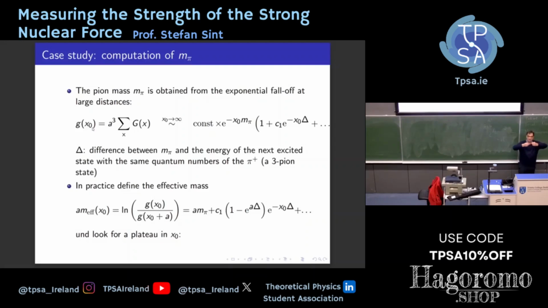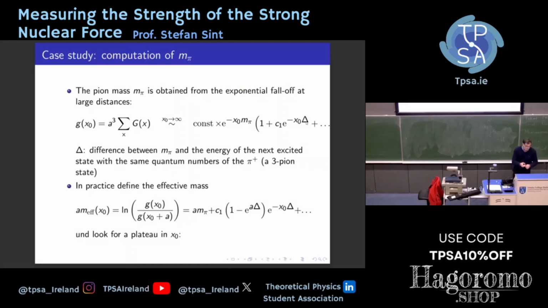And then we want to see how this behaves asymptotically as we pull the two operators apart. So x0 becomes large, and then the dominant term will be e to the minus x0 times the pion mass. And then there will be exponentially small corrections, which will go with the next state with the same quantum numbers. That next excited state sets the distance Delta above the pion mass. That will be the correction here.